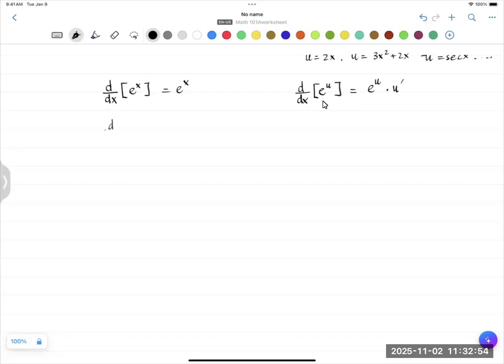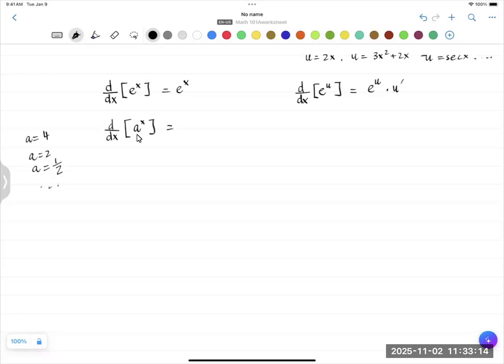Okay, and this is similar to a to the power x. The e to the power x is the case when the base is e. A can be any number. A can be 4, a can be 2, a can be 1/2, and so on. Okay, a can be any number.